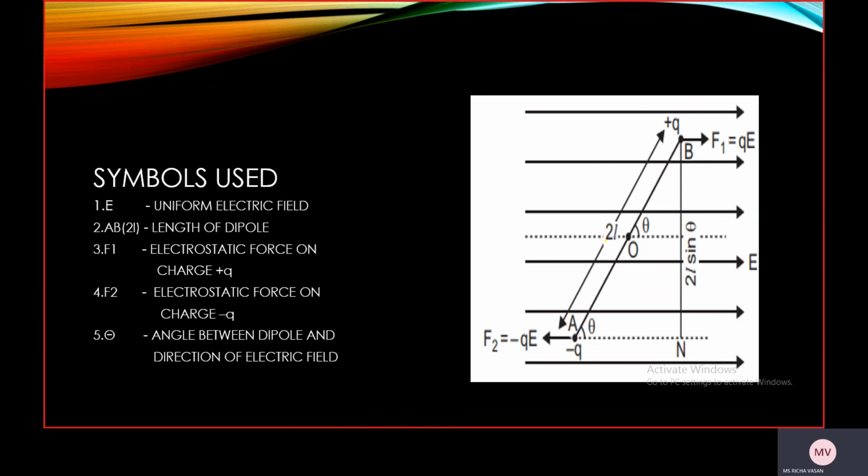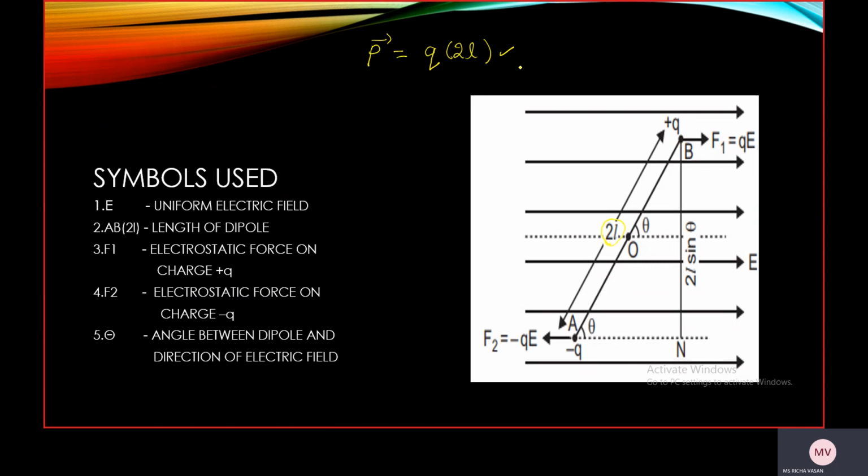They are separated by small length, the distance 2l between them. So the dipole moment, which is denoted by P, will be, we know that the dipole moment is magnitude of any charge multiplied by the distance between the two charges. So this will be the dipole moment which will be produced by this dipole.